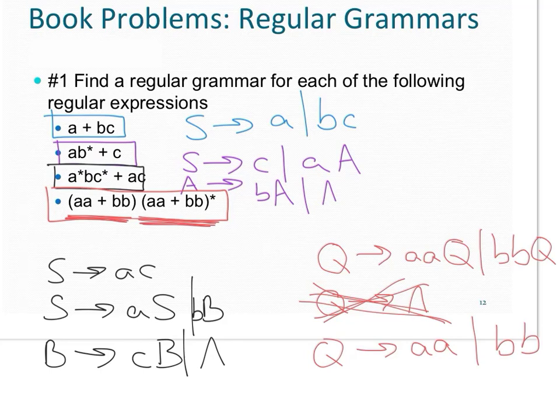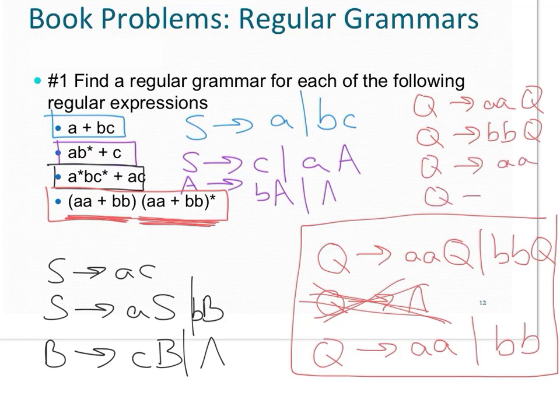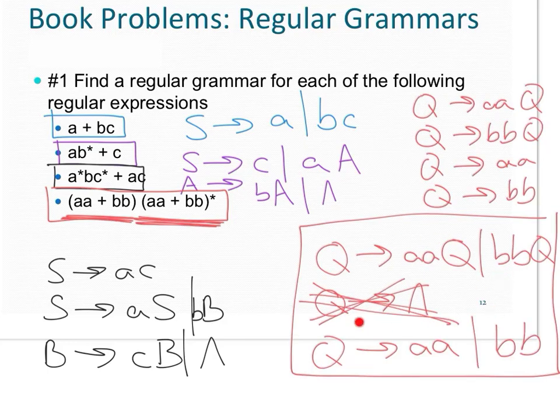And again, let me remind you that all of this is actually 4 production rules. So my production rules for this are Q goes to AAQ, Q goes to BBQ, Q goes to AA, and Q goes to BB. So this is just shorthand for these rules.